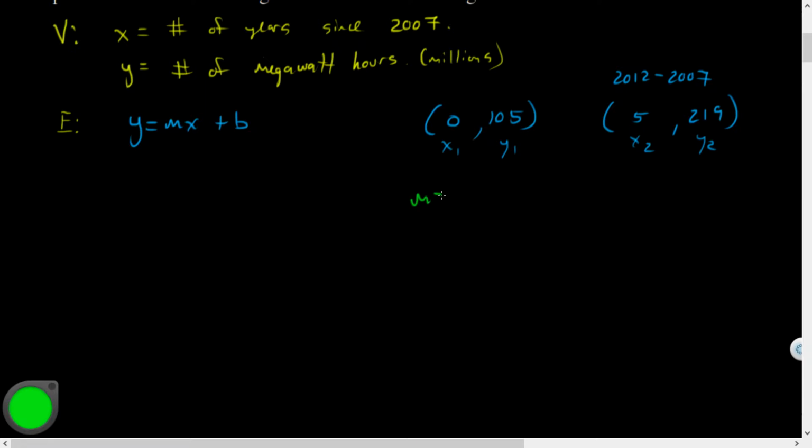So m is equal to 219 minus 105 over 5 minus 0. So 219 minus 105, I happen to have written down here, is 114. Over 5 minus 0, you guys know is 5.